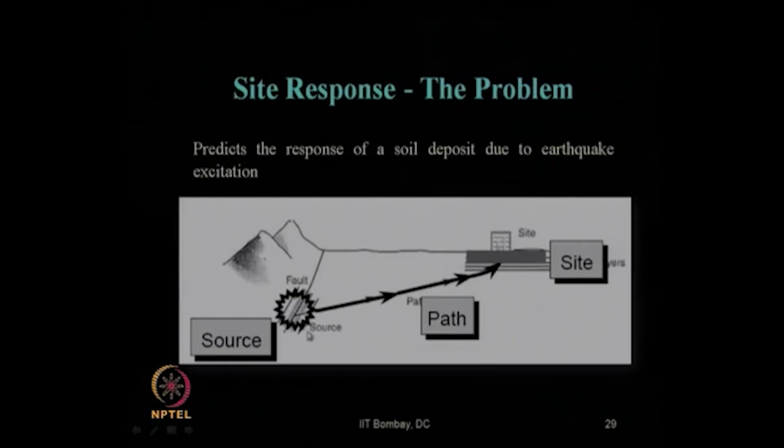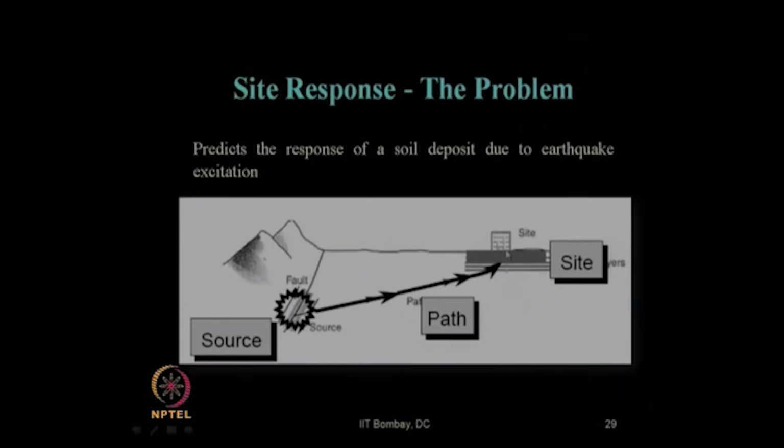source, where earthquake energy gets released, then the stress waves or seismic waves travel through a path. Then suppose this is the uppermost rock layer of the crust, which is known as bedrock. Why the name bedrock?